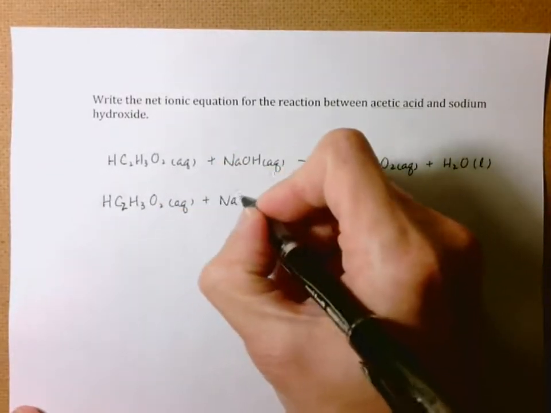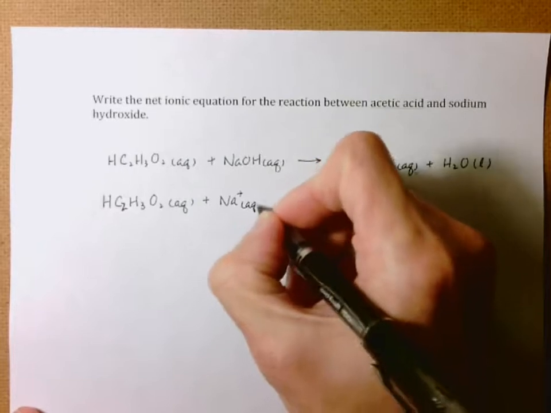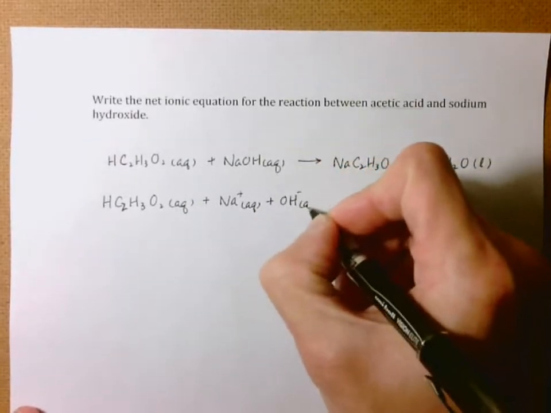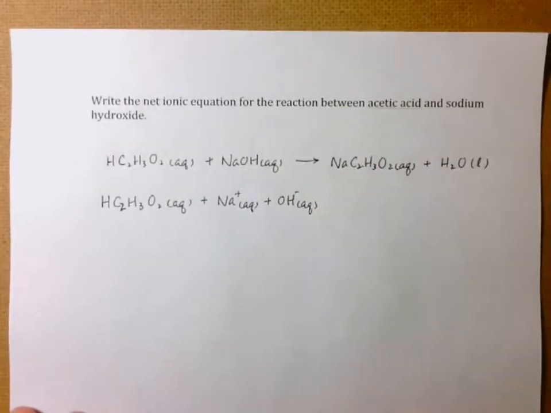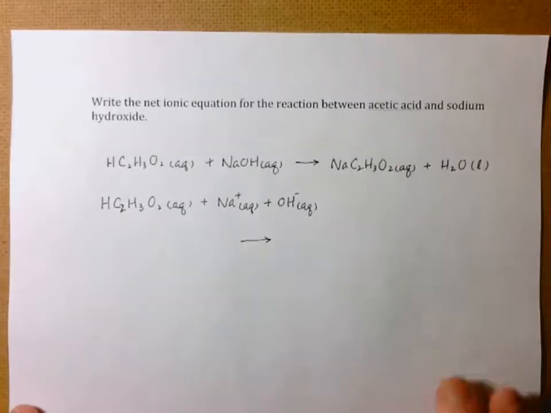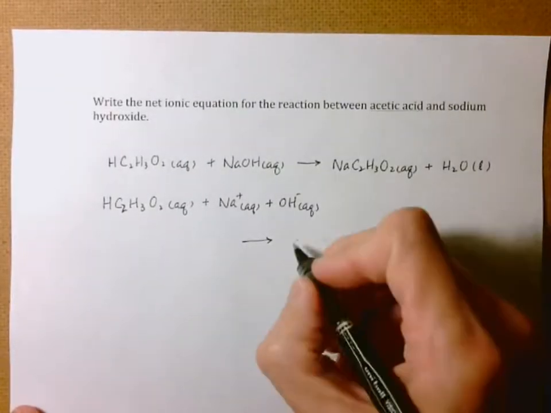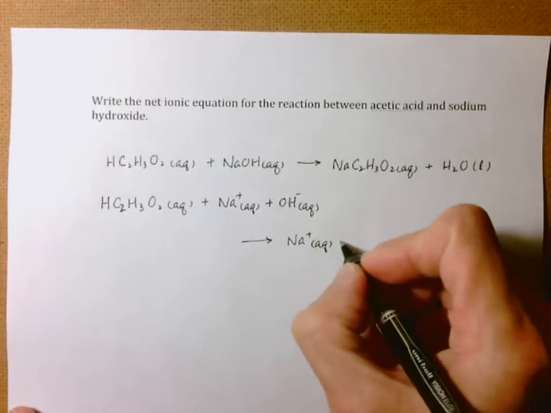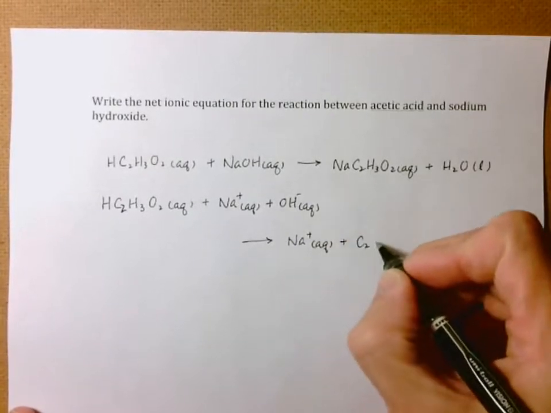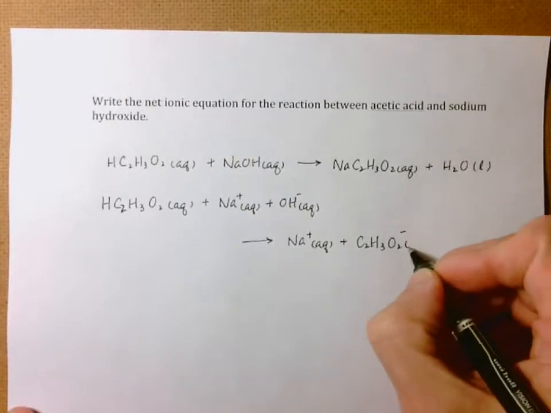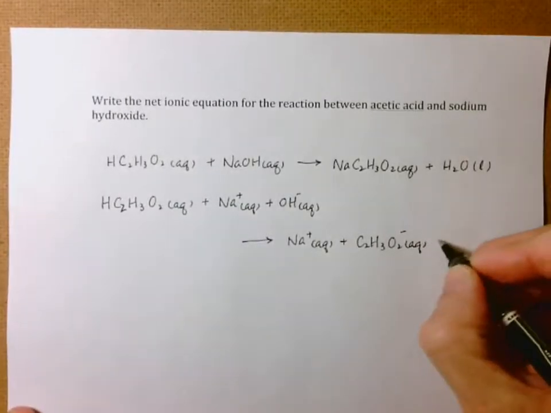So Na plus, OH minus. I know I'm running out of space, I'm going to use the bottom. So the right hand side will be Na plus, acetate ion, plus water.